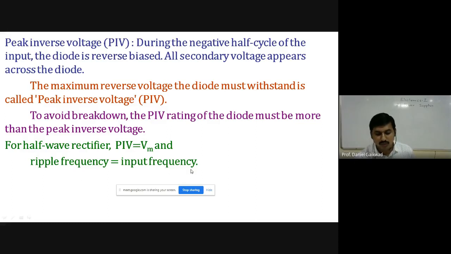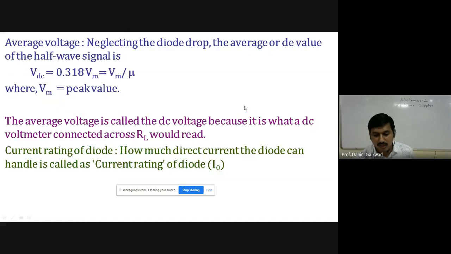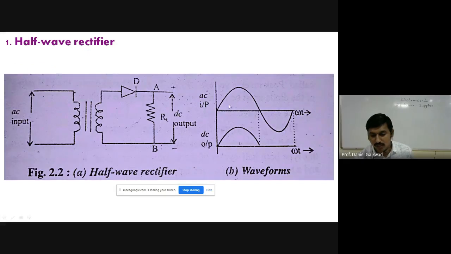We already know the AC mains has a 50 hertz frequency, and we can understand that from this particular diagram. Check carefully, this is the positive half cycle and the negative half cycle. In 1 second, this cycle is produced 50 times. How many cycles pass in 1 second? 50, and that is called 50 hertz.